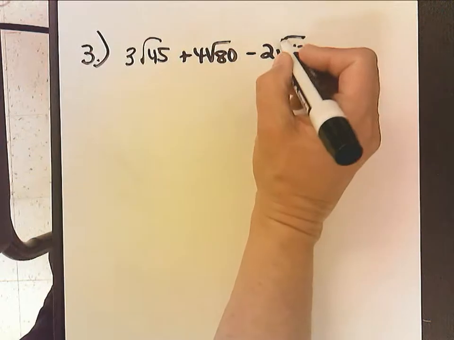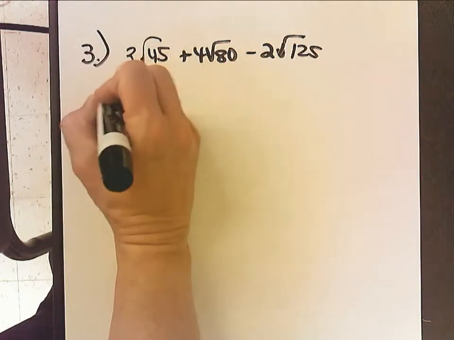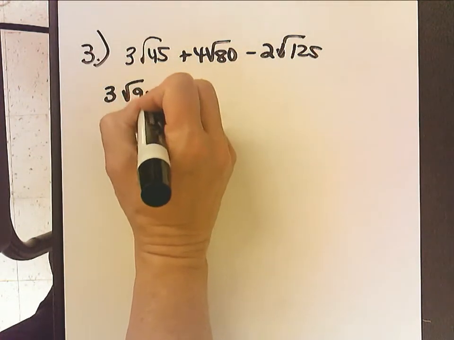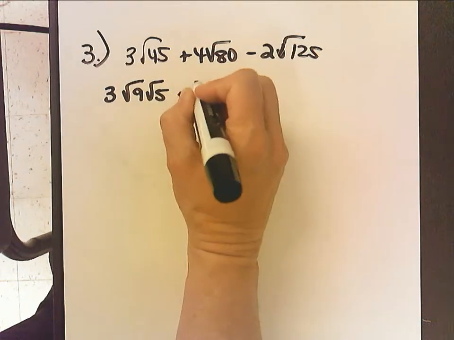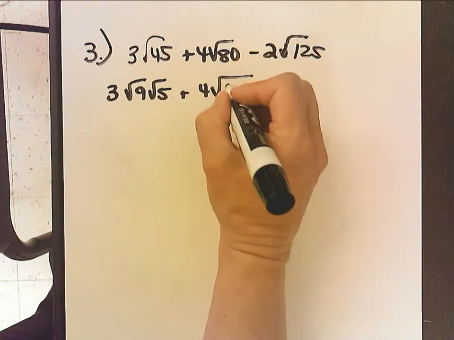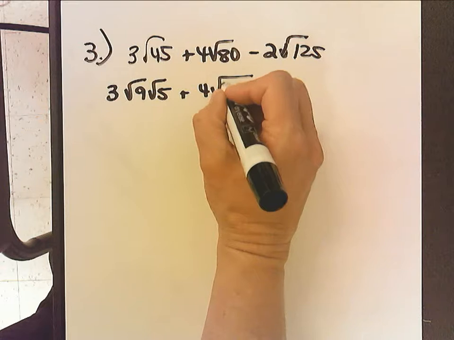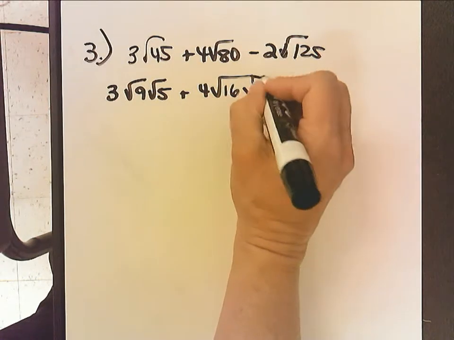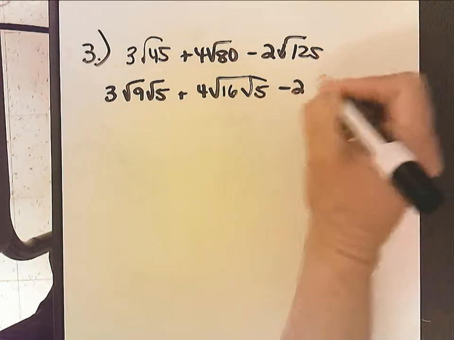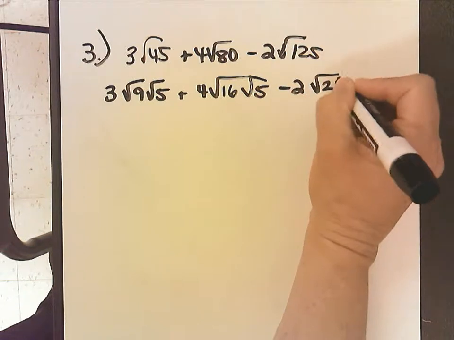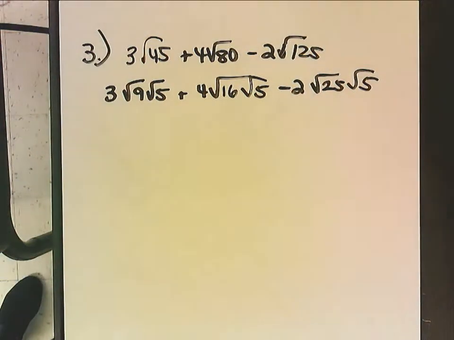So first I'm going to simplify these radicals. Root 45 has a 9 and a 5. Root 80 has a 16 and a 5. And root 125 has 25 and 5.